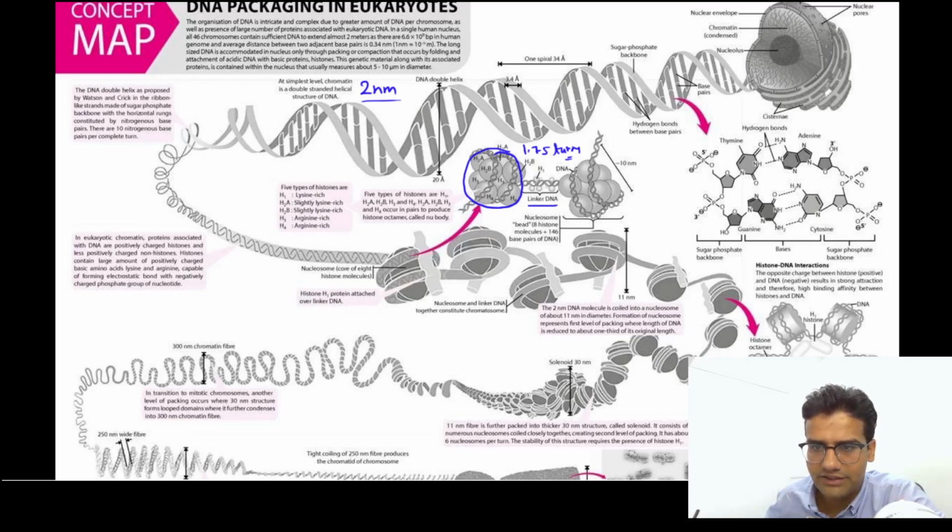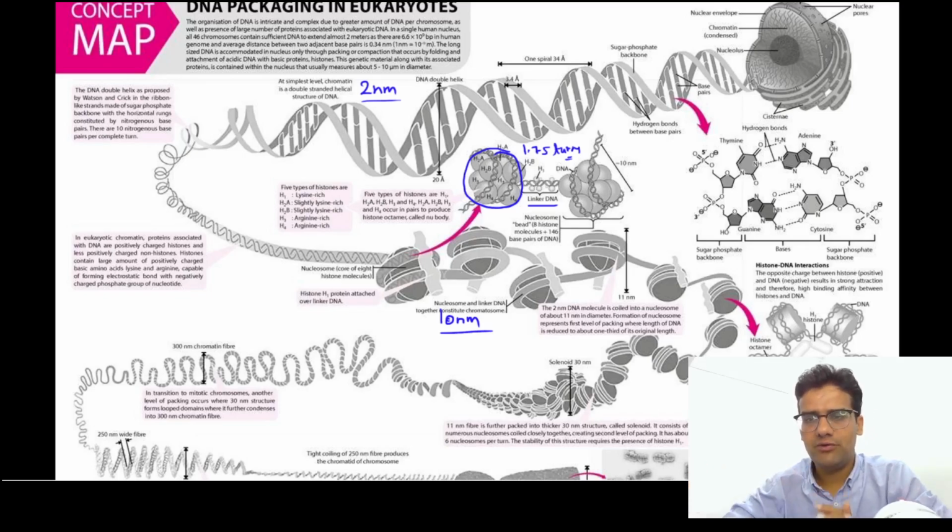This fiber here is what we call the 10 nanometer fiber. When histone protein is bound to this entire DNA, this causes a 60-degree turn. 60 degrees, 60 degrees, 60 degrees. So in a complete circle, how many octamers are there? 6.